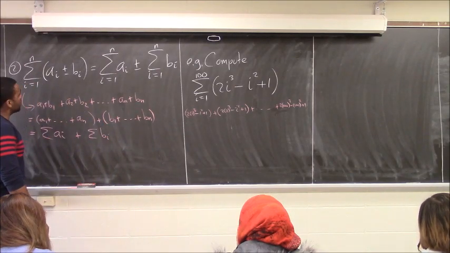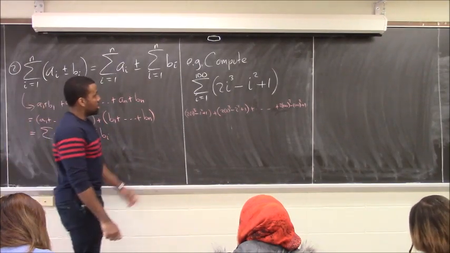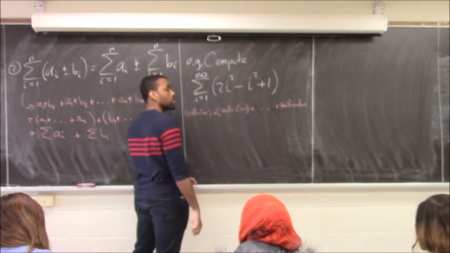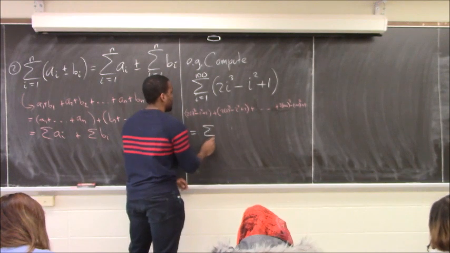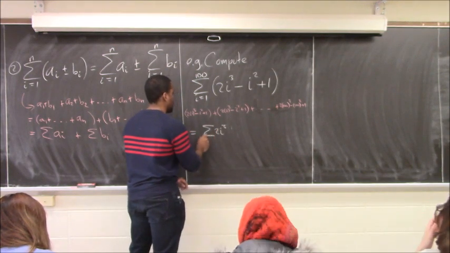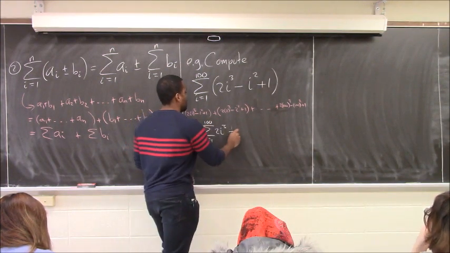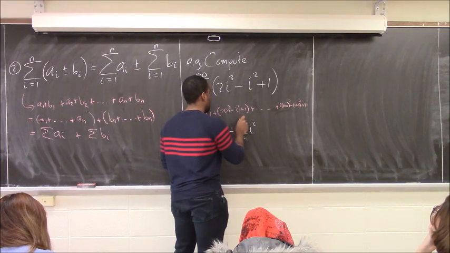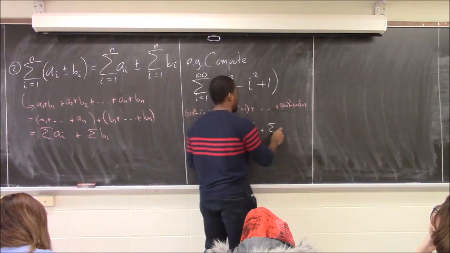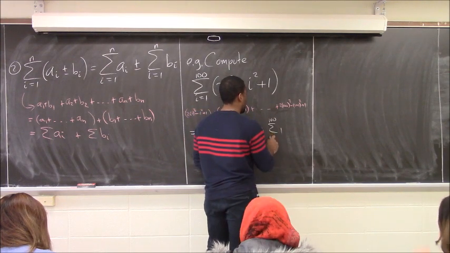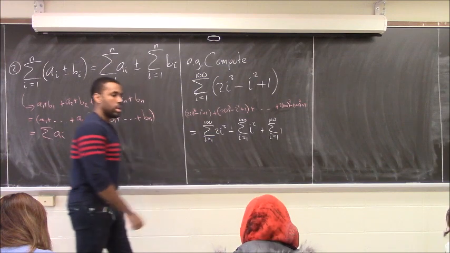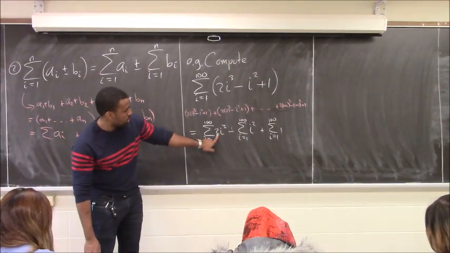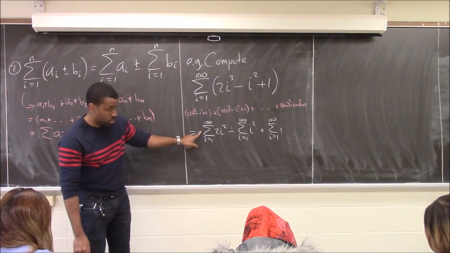So one thing we can notice is by this property over here, the series can distribute across these sums of terms. By the property I just erased, this 2 here is a constant. I can factor it outside.